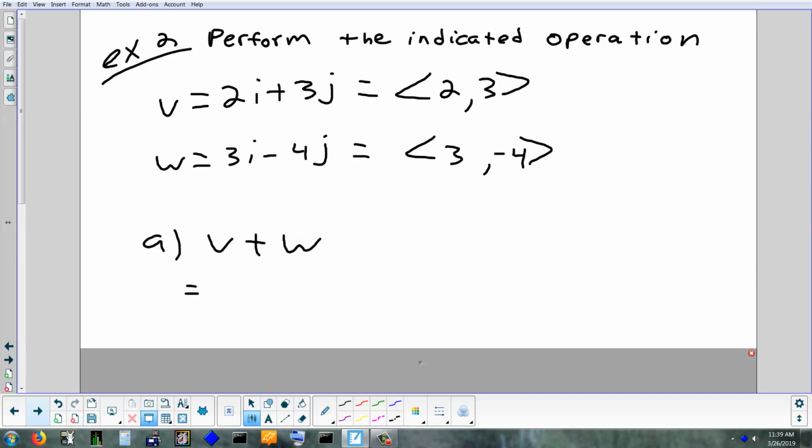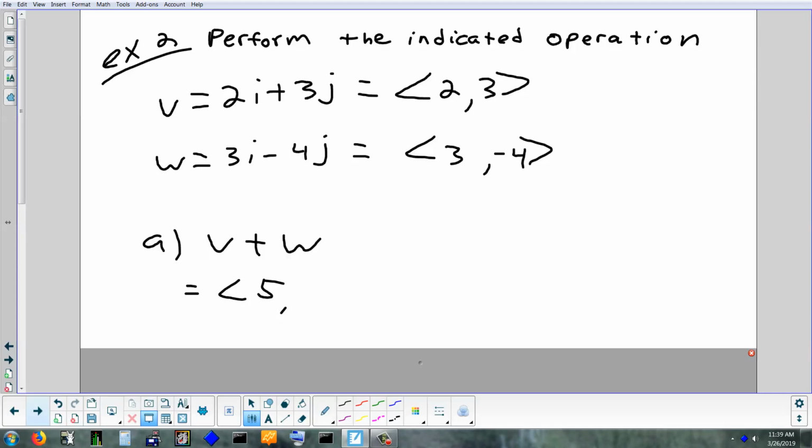Okay, so let's add these vectors up. Let's do that first. So Isabel, for vector v, what number is the horizontal component? 2. How about for vector w, what number is the horizontal? 3. Now if you combine them together, a horizontal component of 2 combined with a 3 gives you 5.